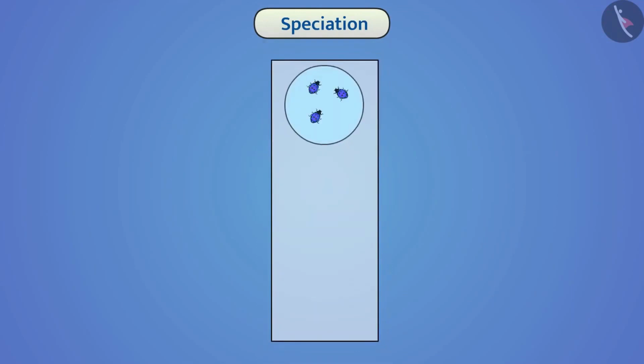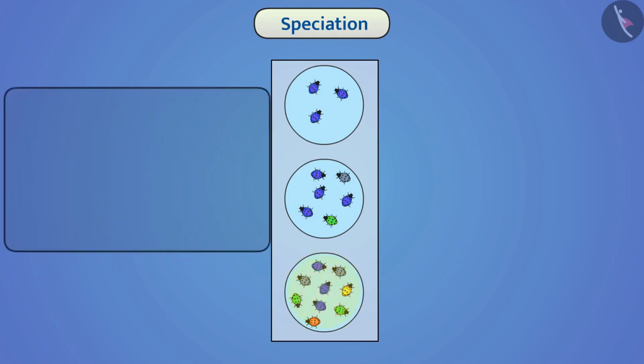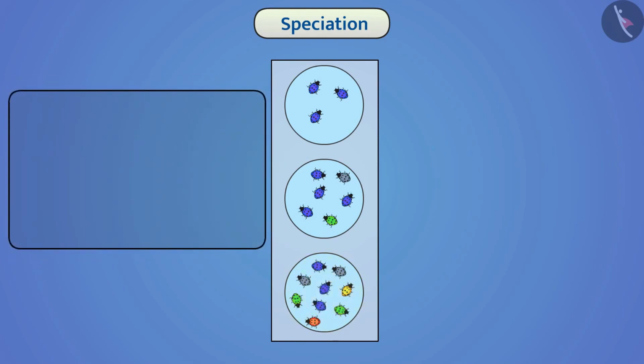We know that during sexual reproduction, the offspring inherits traits of the parent and also inherits some variations as well. Due to these variations, there are developments of certain characters in the organism which are different from those of the parents.